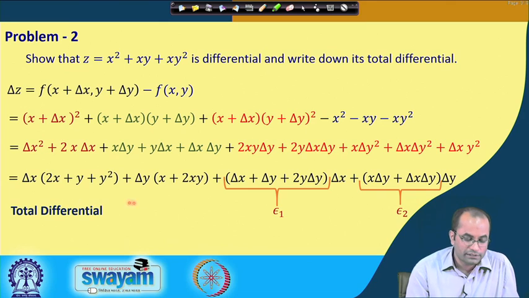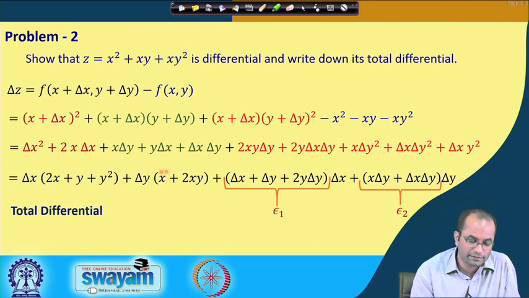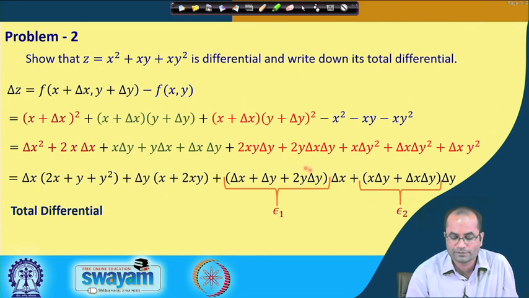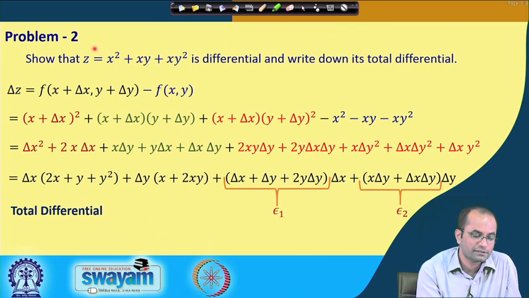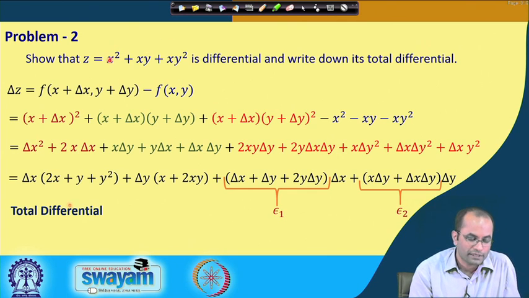And this one is the total differential term, and since this is a and this is b in our notation, they are independent of delta x and delta y. So, we have a into delta x, b into delta y, epsilon 1 delta x, epsilon 2 delta y.